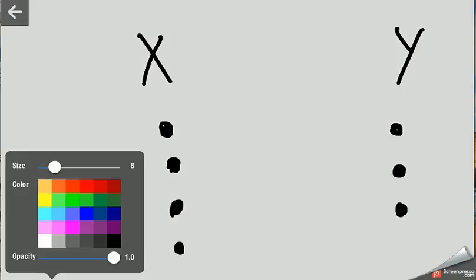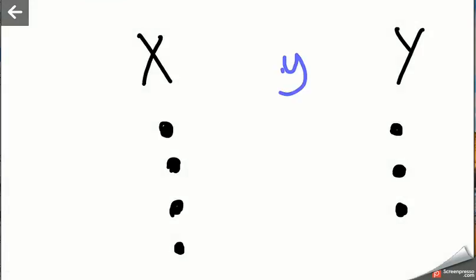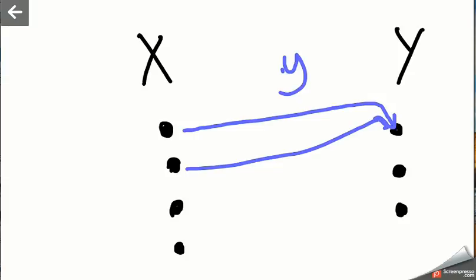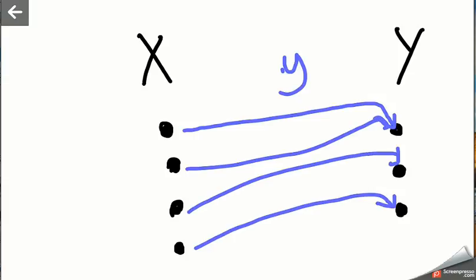And then our function little y took this input, sends it to that one. This input sends it to the same one. This input is sent to this output, and this input is sent to that output. Well, that immediately tells us what our function is. For each little x, we know exactly what y of x is. We know exactly what our function does to that input.